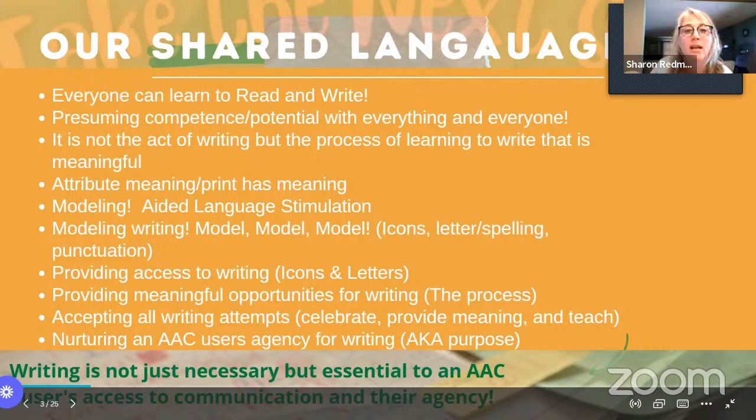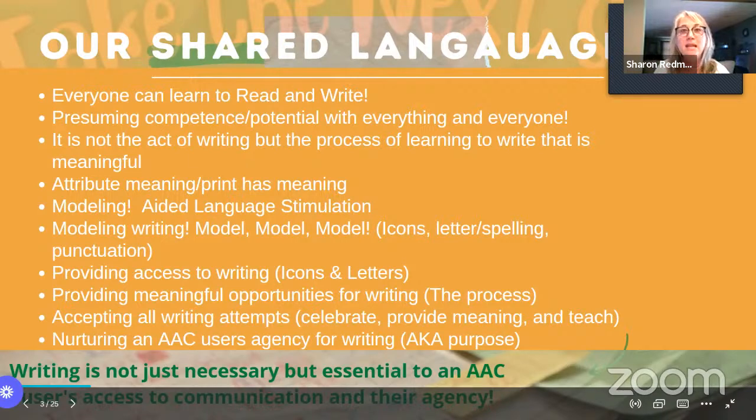We're going to be talking about the purpose or the process of writing, becoming an author, becoming that writer, and what that takes. We're also always attributing meaning. We're always modeling. We are going to provide access to writing, because you still need that in order to do the process of writing. We'll talk a little bit about that, but that's just the access piece.